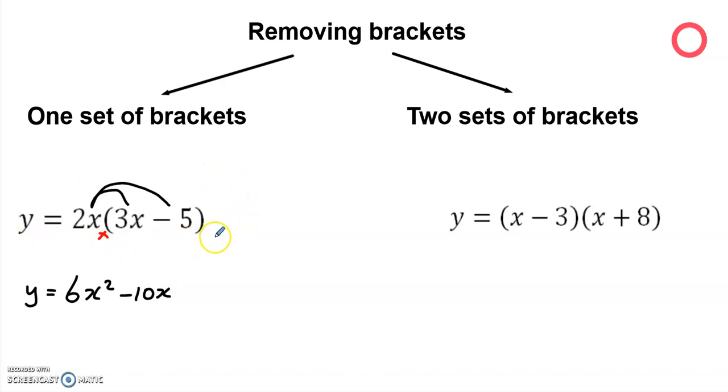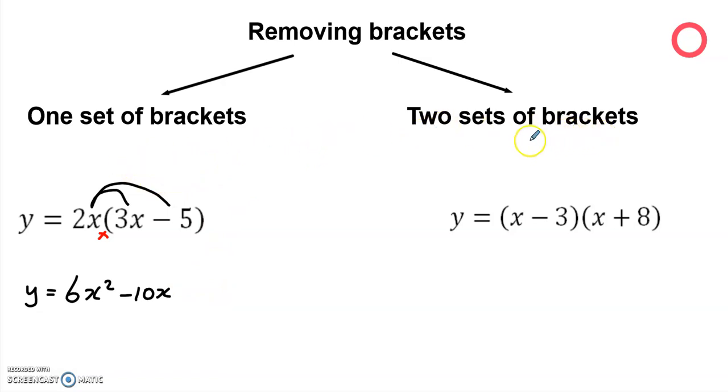Formula with brackets. And over here I have removed the brackets. This one is in factors because I multiply. And this one is in terms. And because there are 2 terms, this is called a binomial. So we removed brackets by using arcs with 1 set of brackets.